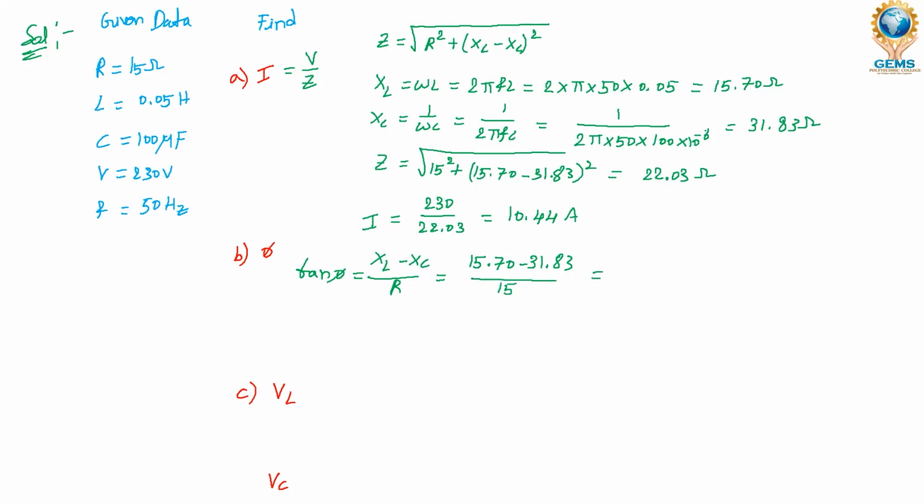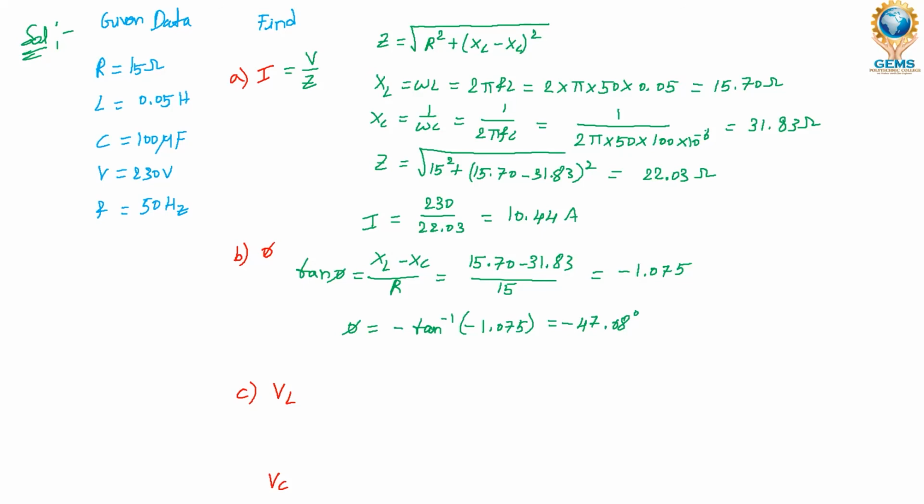We will get tan phi is minus 1.075. If we calculate, phi equals tan inverse of minus 1.075. That we will get phi is minus 47.08. Minus मतलब ये lagging है.